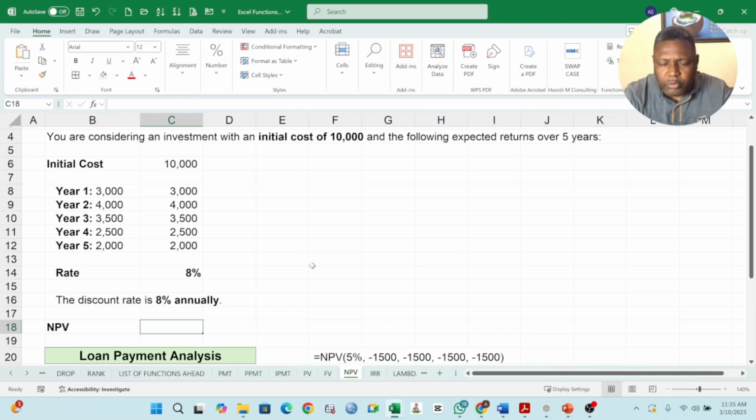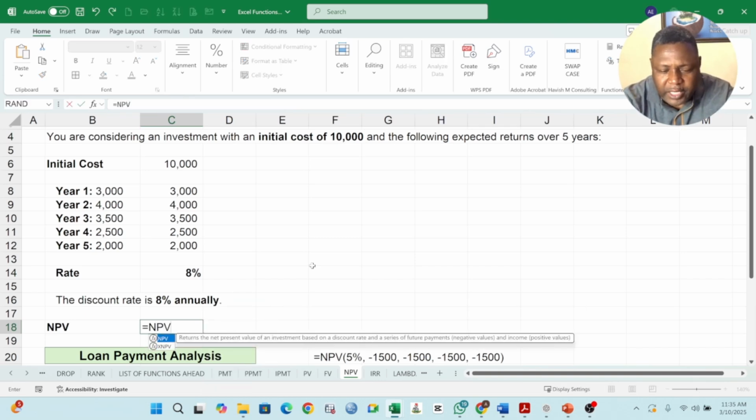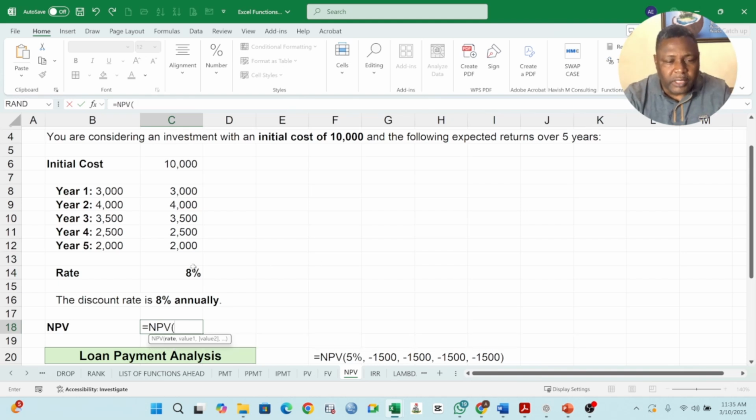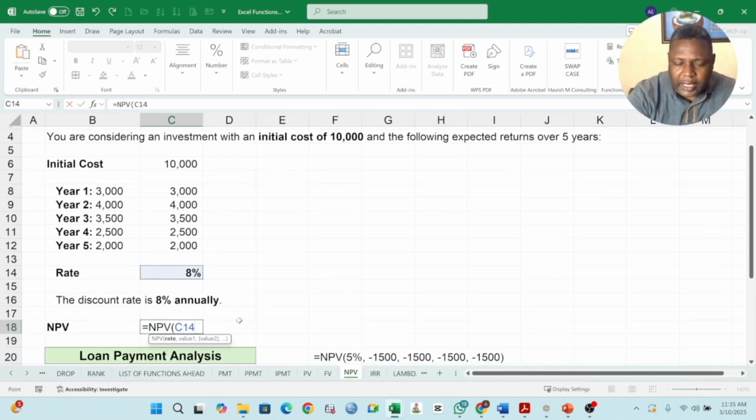And so how do you do that? So you do equals NPV. So you pick your rate, okay? That's the first thing, you pick your rate, and then comma, then your values. So you can pick this value separately or pick them together. It doesn't matter, it's still fine.